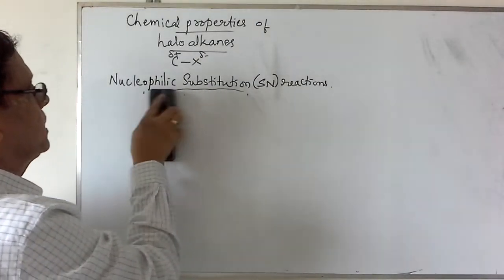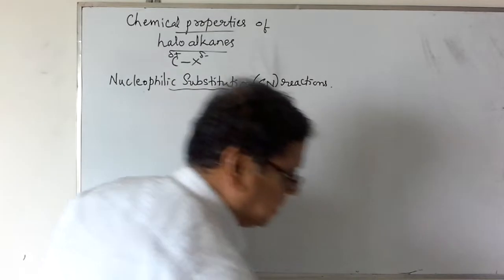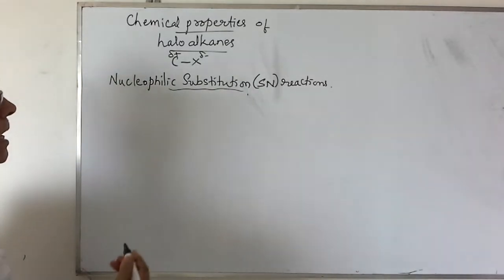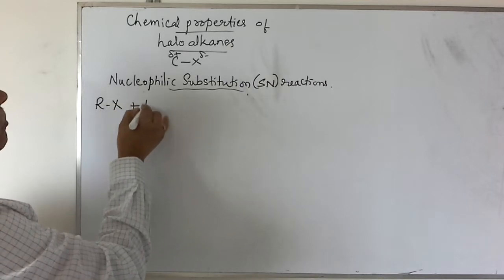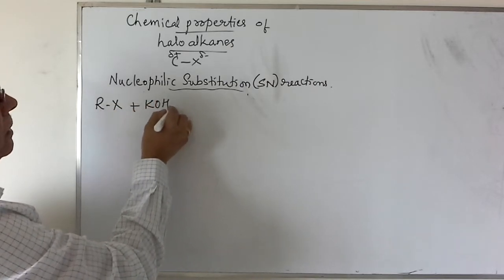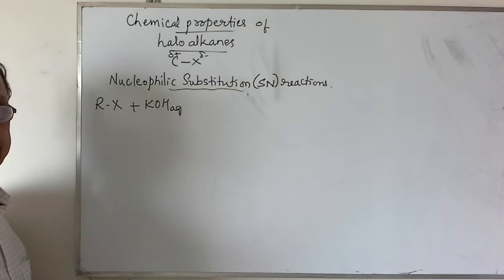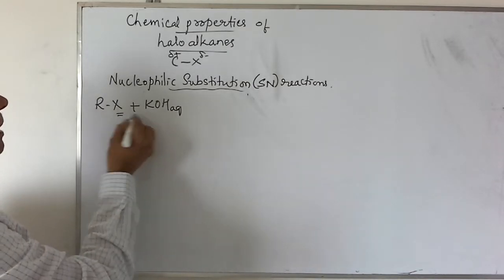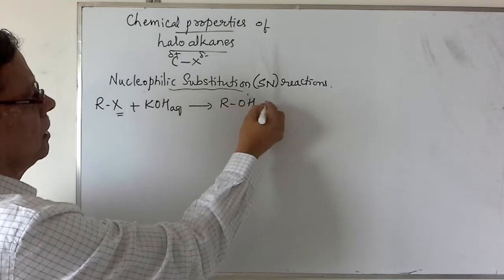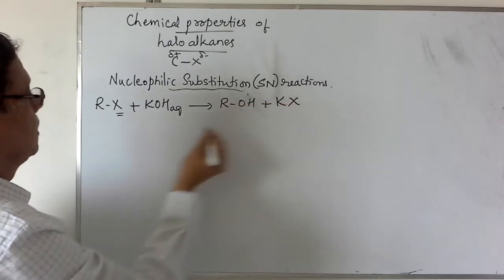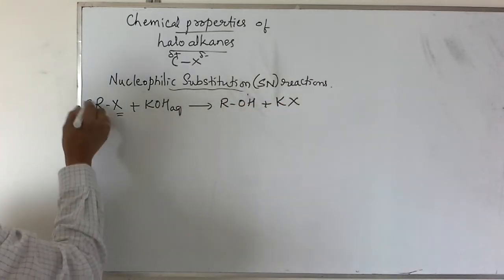So when you take an alkyl halide and treat it with aqueous potassium hydroxide, aqueous potash, the halogen atom will be replaced by the OH group, so we get an alcohol along with the formation of potassium halide.